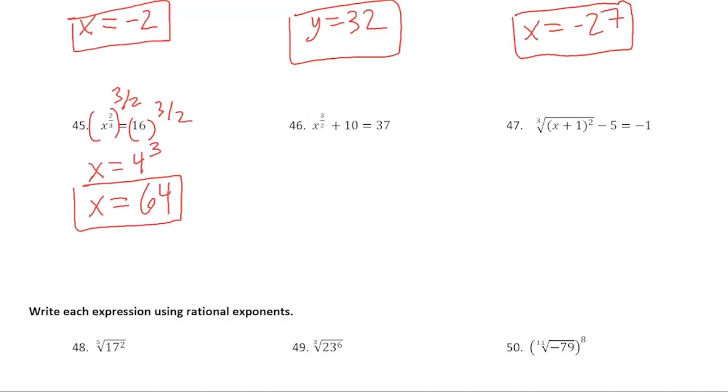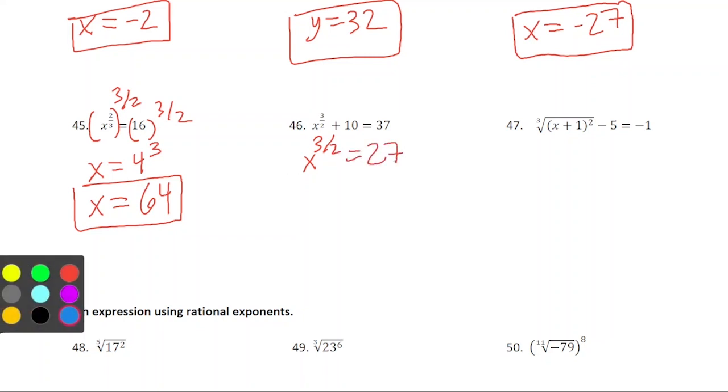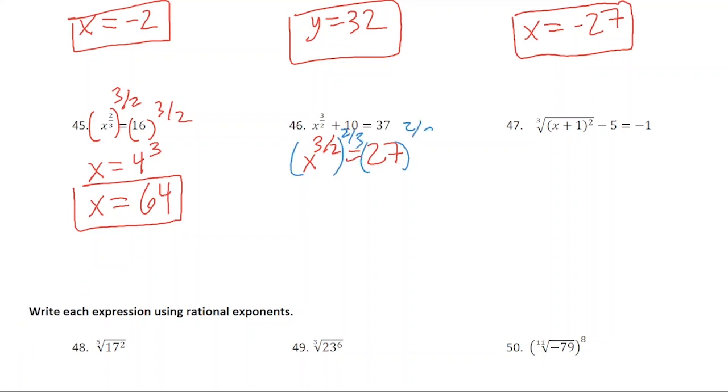Number 46, we're going to subtract 10 from both sides, and we're going to raise both sides to the 2/3 power. So we get x equals... now this number in the denominator, oh wait a minute, hold the phone. Okay, well, let's finish this first.